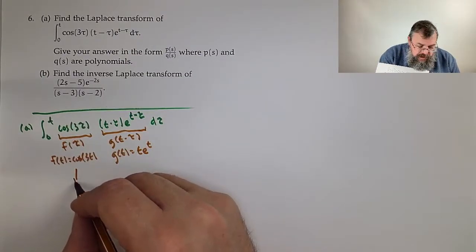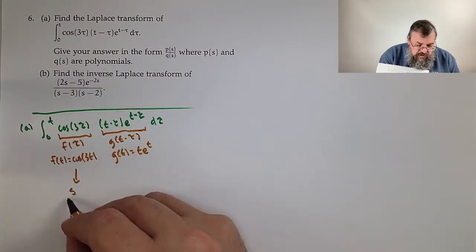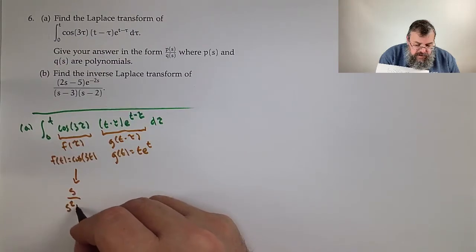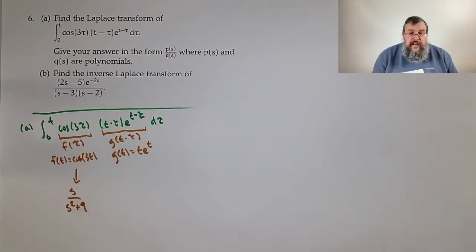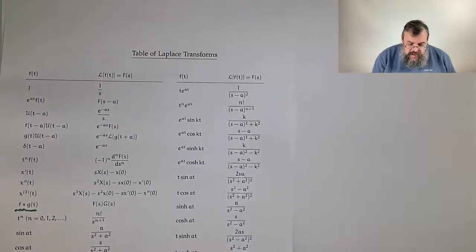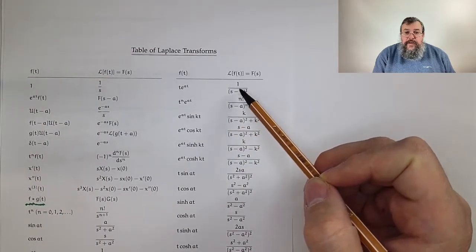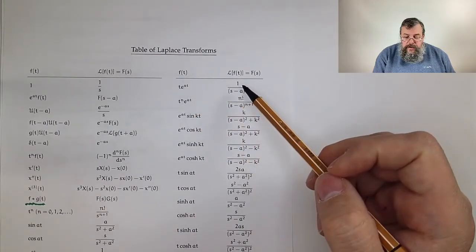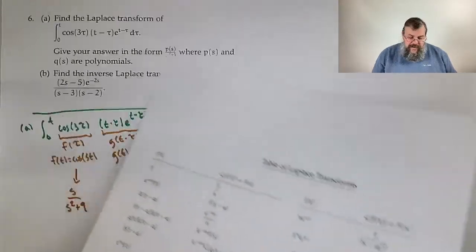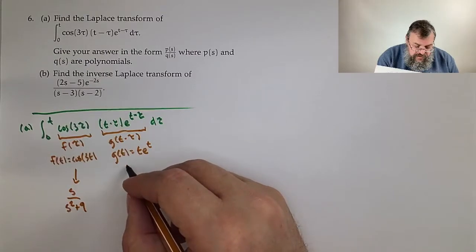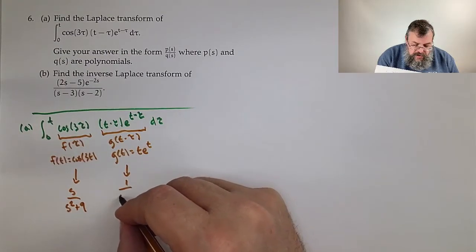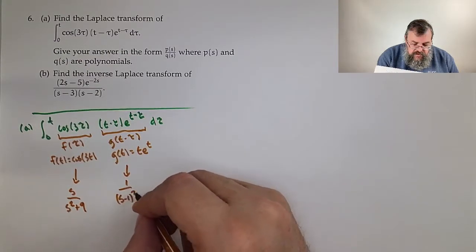This would map to s over s squared plus 9. Now, on the other hand, t e to the t shows up here. That would be a equals 1, so 1 over (s minus 1) squared. So this goes to 1 over (s minus 1) squared.